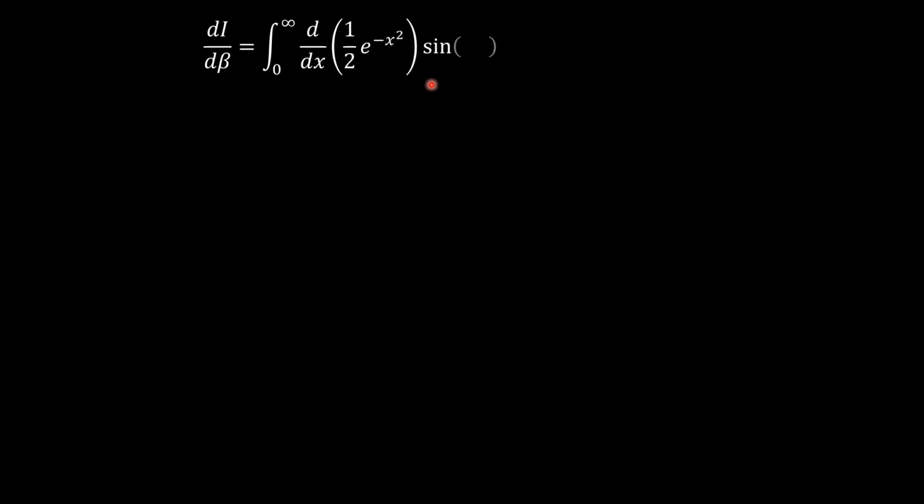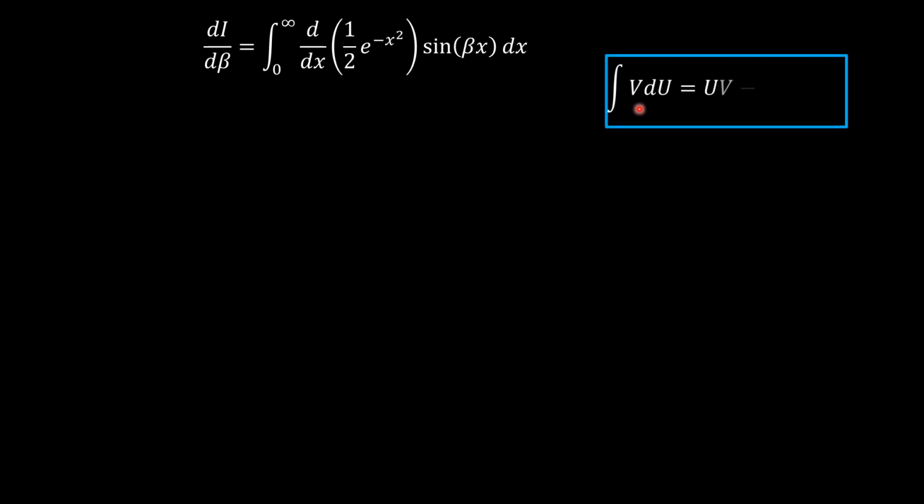Integration by parts tells us that if you have an integral of a product of a function v and the derivative of a function u, and as we can see here, function u could be taken to be half e to the power negative x squared, and v to be sine beta x. The answer would be the product of u and v minus the integral of the product of the function u times the derivative of function v.